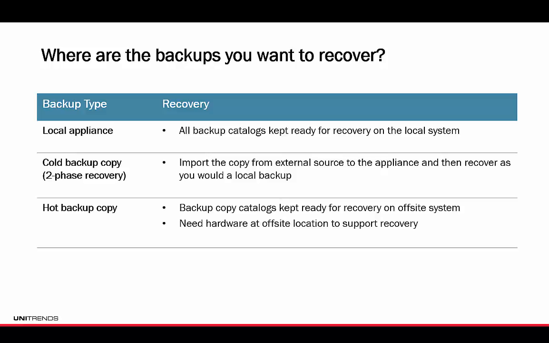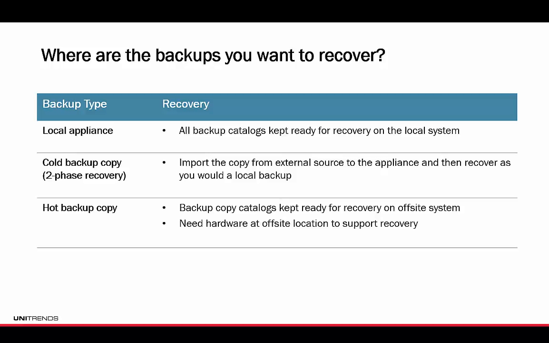When we start down this list and look at the local option, those backup catalogs are kept on the appliance, so the local system can recover it fast, immediately. If I go back to the cold backup copy, I have to import that copy to the local appliance again. Then I can turn around and recover it as I would for a local backup, the same as the step above, the step we're going to show you today.